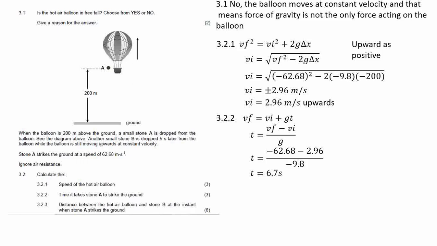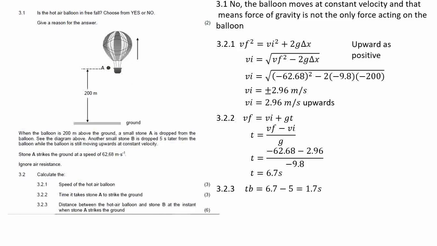Question 3.2.3 says: calculate the distance between the hot air balloon and stone B at the instant when stone A strikes the ground. Remember that it is given that stone B is dropped 5 seconds after stone A was dropped. If it took stone A 6.7 seconds to hit the ground, it means that at that point stone B moved for 1.7 seconds.